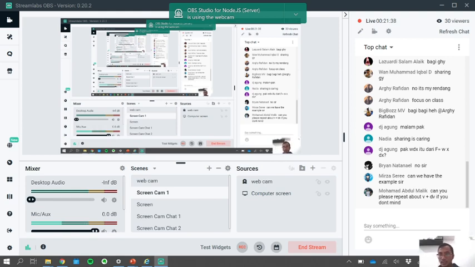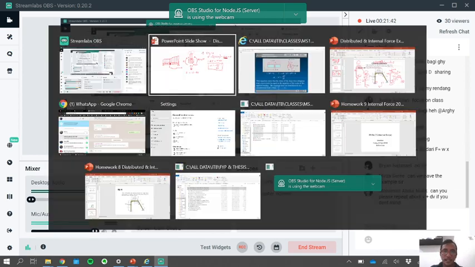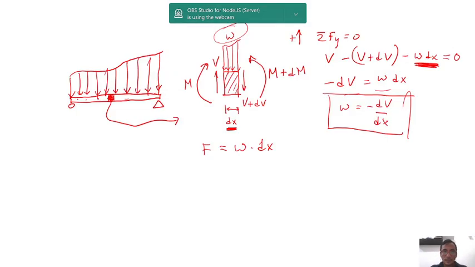Muhammad Abdul Malik, can you please repeat about V plus dV if you don't mind? Okay. For V plus dV, the reason it's V plus dV here and M plus dM here is because the internal moment and the internal force on the left and right parts will be slightly different.